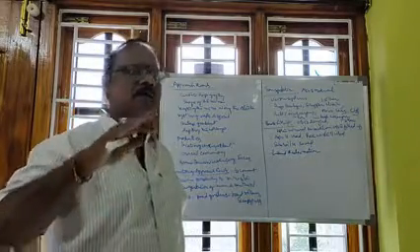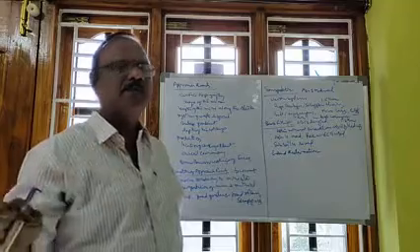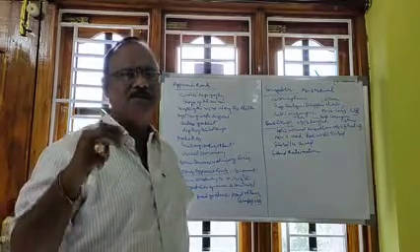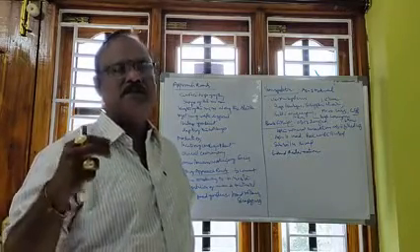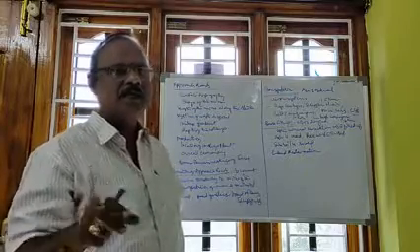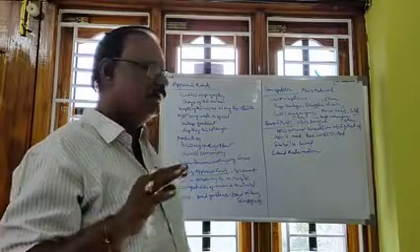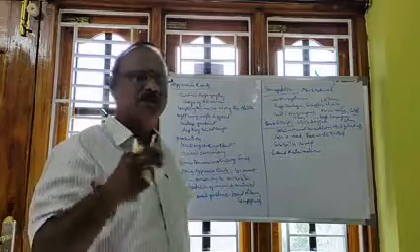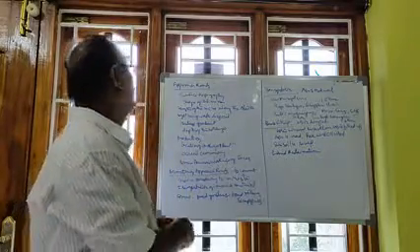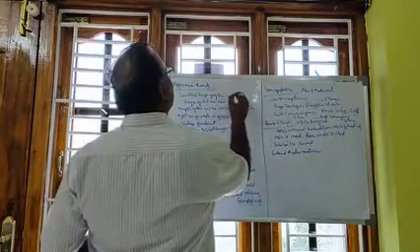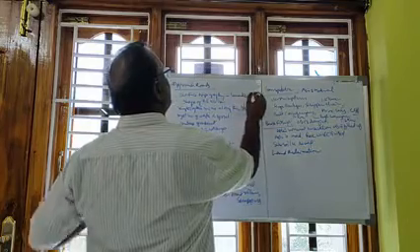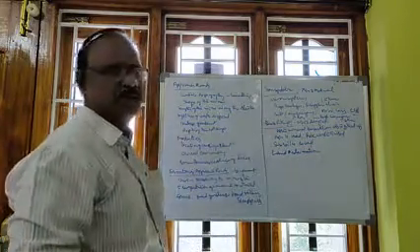So all the undulating ground must be removed. All the small hills and hillocks are removed. Before laying the approach road, the ground must be level. Leveling of the ground is important.